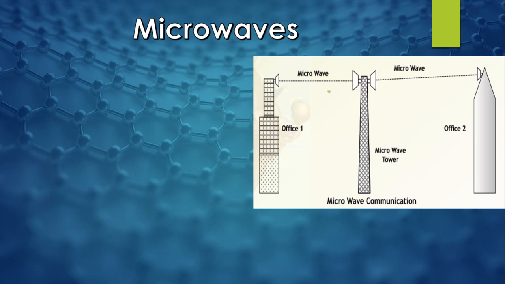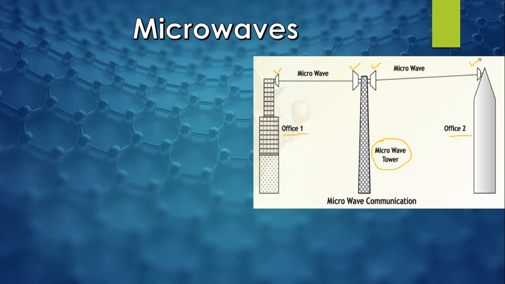Right. So you can see over here, this is office 1, and this is the office 2, and in between both these offices there is a microwave tower. Right. So you can see that over here one antenna is fixed, and in the tower there are two antennas fixed.